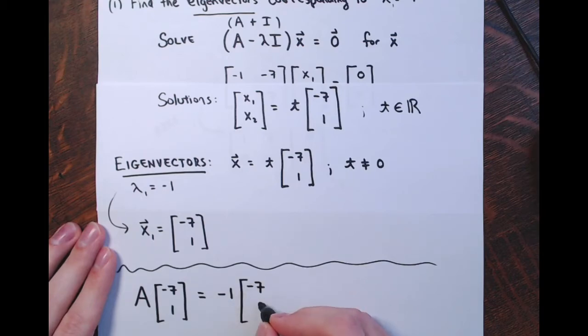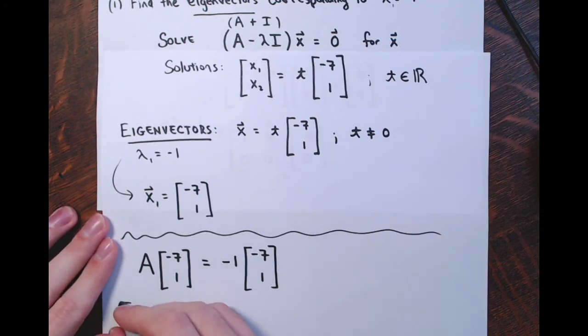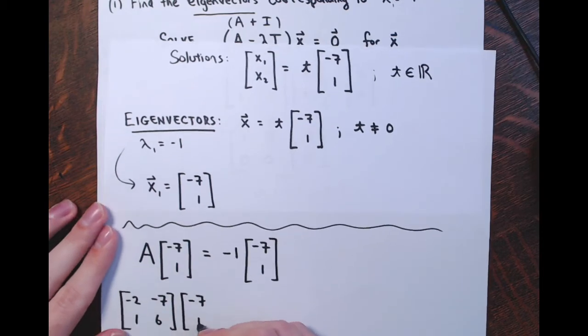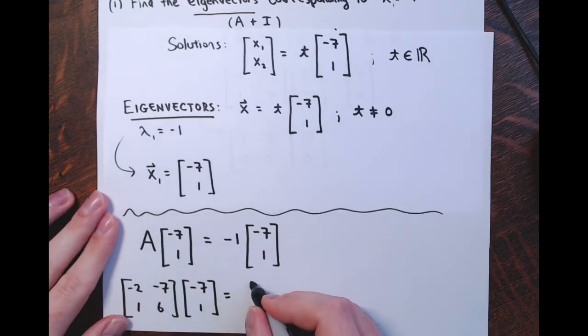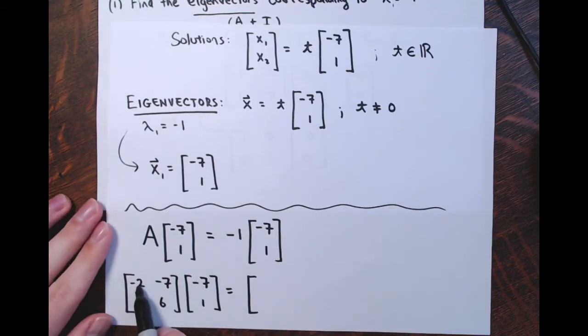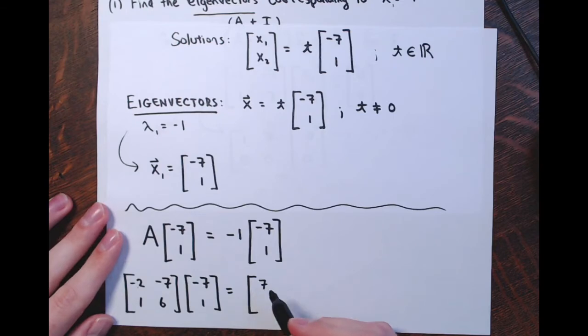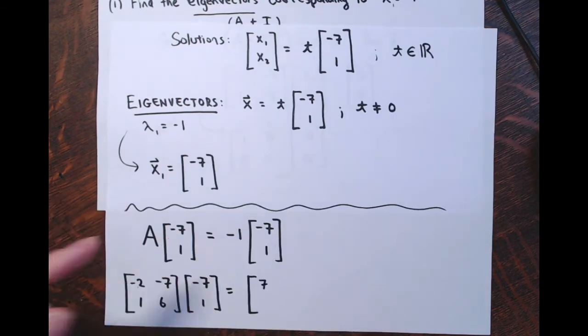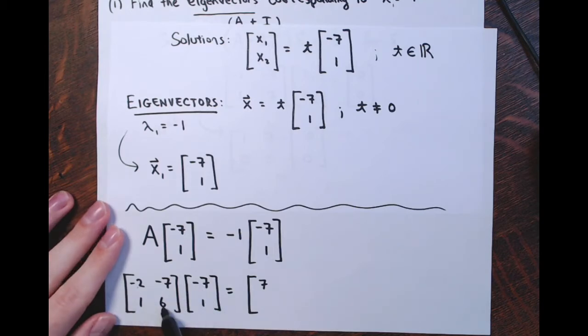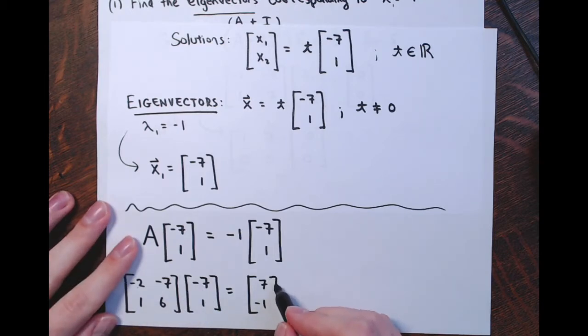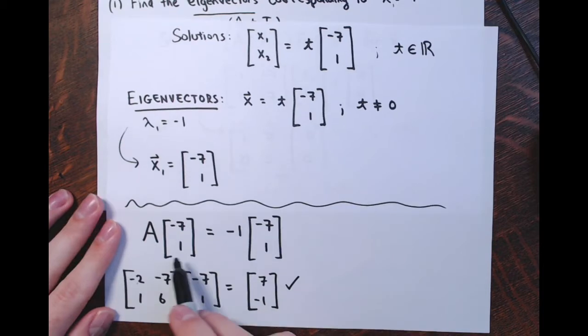Let's see. Well, A was this negative 2, negative 7, 1, 6. If I multiply this by negative 7, 1, look at the result. I get 14 minus 7, that's positive 7. Hey, that's the opposite of negative 7. So far, so good. And then negative 7 plus 6 is negative 1, which is the opposite of positive 1. Check.